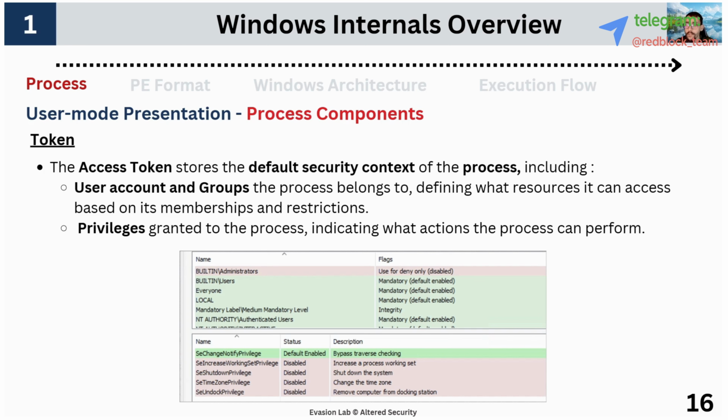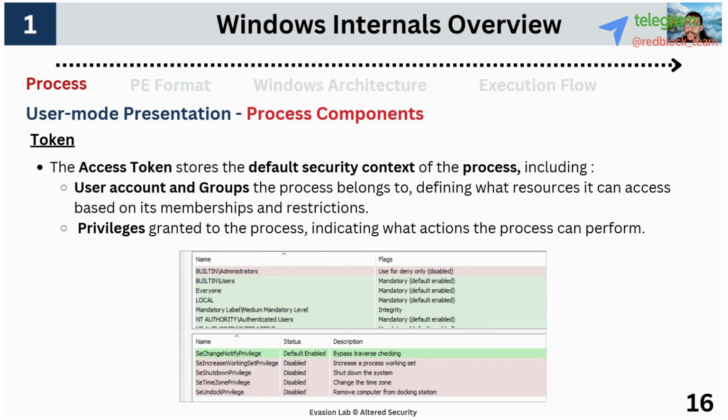The access token stores the user account associated with the process, identifying the logged in user who started the process. It also includes the groups the user belongs to, which influences the permissions the process has. For example, if a user is part of the administrators group, their processes will have higher privileges than those of a standard user.